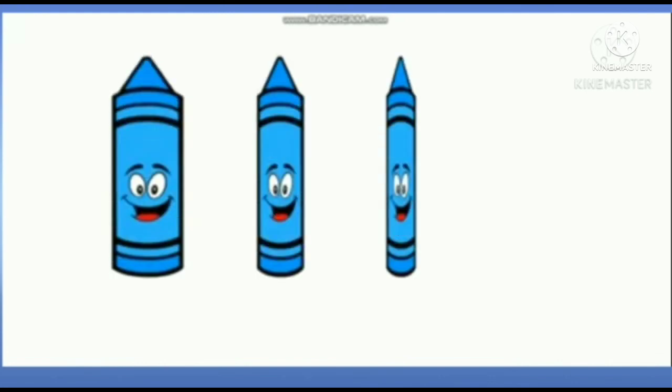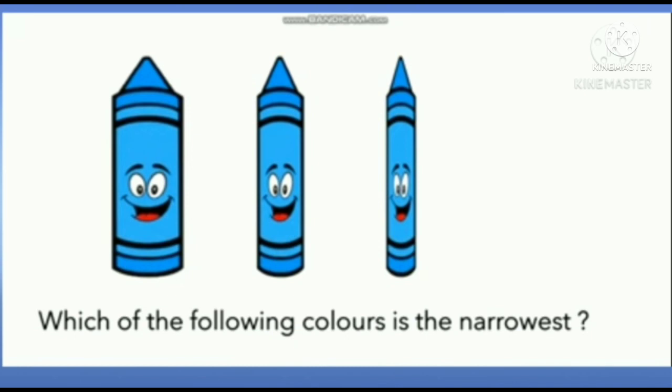Let's understand with the help of some exercises. Can you tell me what we see here? Yes, three crayons. Now which of the following crayons is the narrowest?